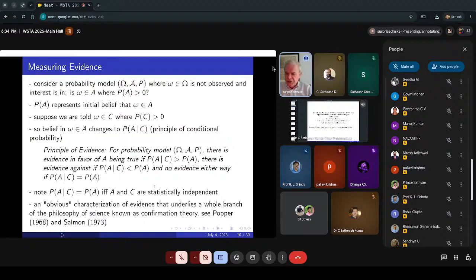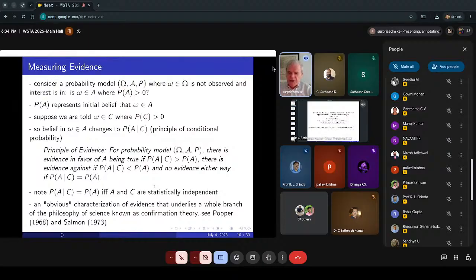Namely, we replace our initial beliefs about A being true by the conditional beliefs. Now that's where the principle of evidence comes in. And I think it's one of the most natural principles and has a long history. For that probability model, we have evidence in favor of A being true if our probability after being told C is true goes up. Our beliefs increase, then we have evidence in favor of A being true.